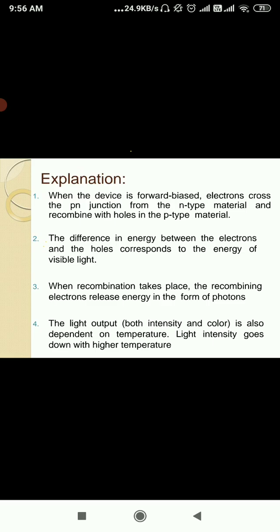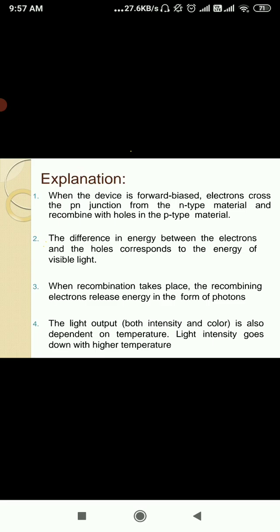How did the diode emit? It emitted in the form of current. But here, when we are giving forward biasing to the LED, there will be recombination of electron and hole and there will be emission of light.